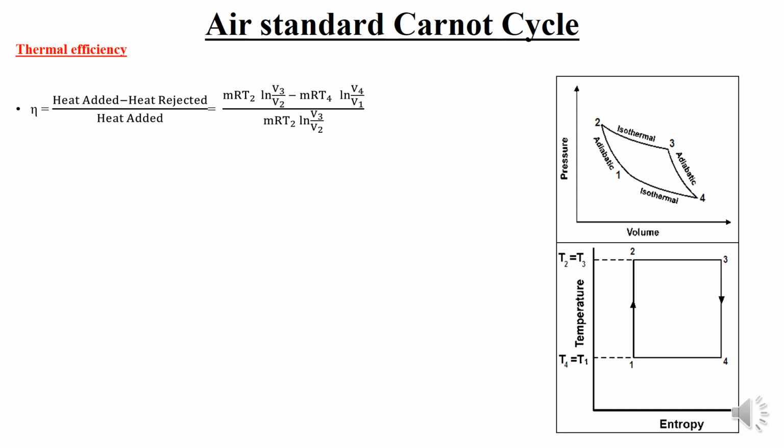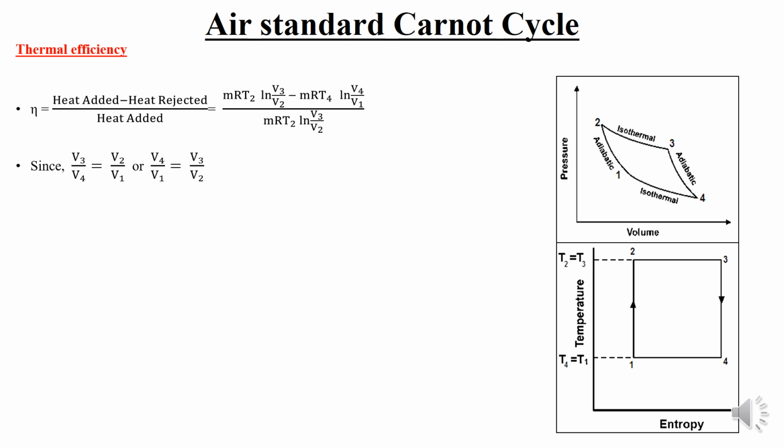Net heat is heat added minus heat rejected, divided by heat added. Substitute all the heat equations discussed in the earlier slide over here, and MR will cancel, so you will get the expression in terms of T2 and volumes.